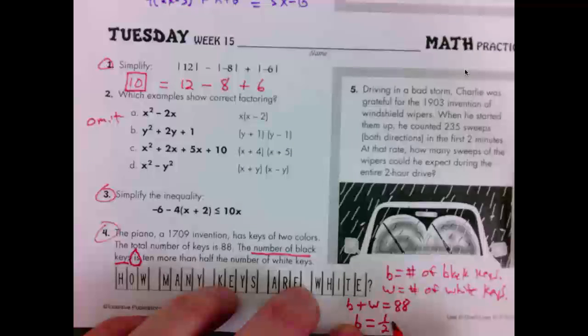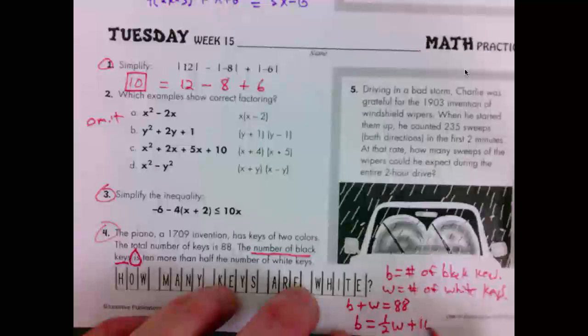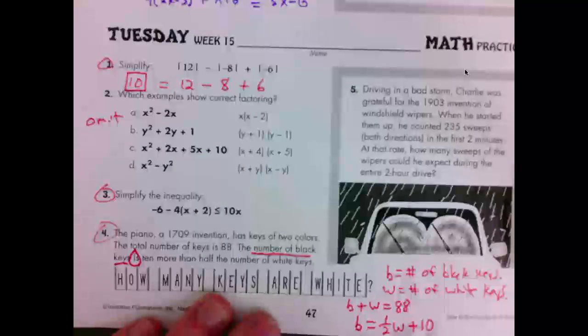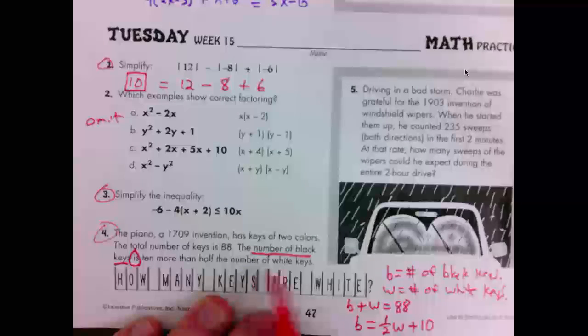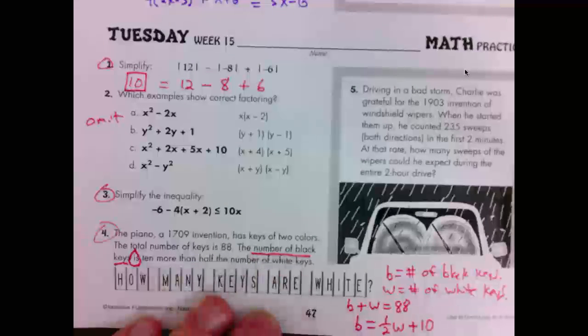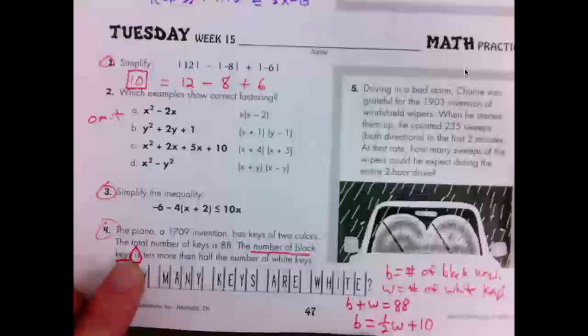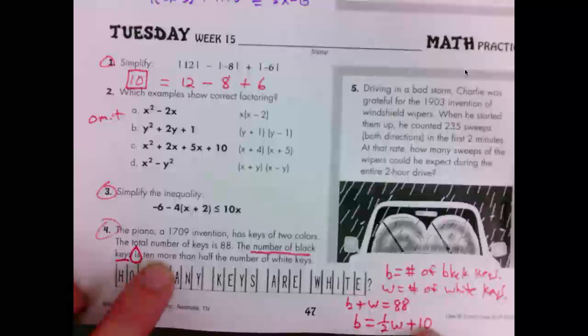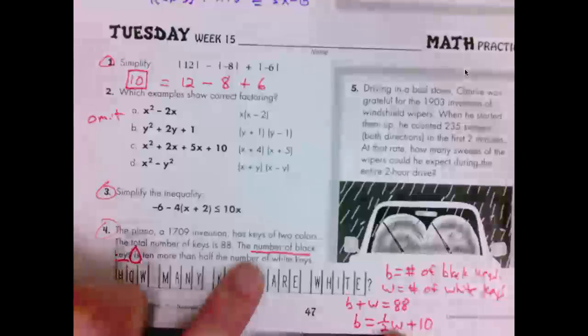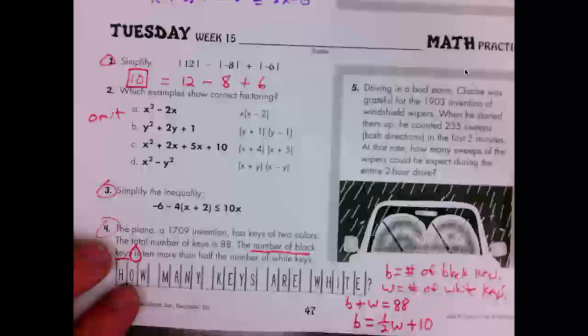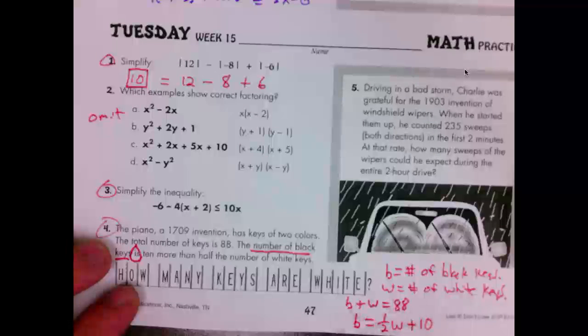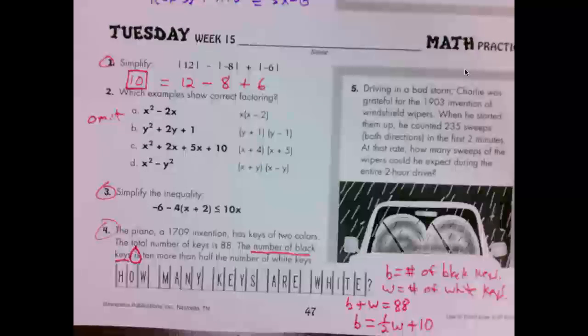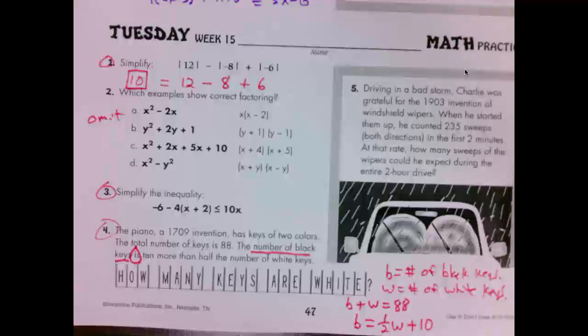Half of the white keys plus 10. Is this math sentence an analog to this English sentence? Alright, using this system, see if you can solve for B and W.